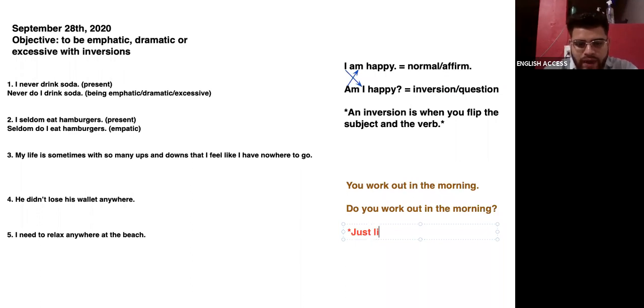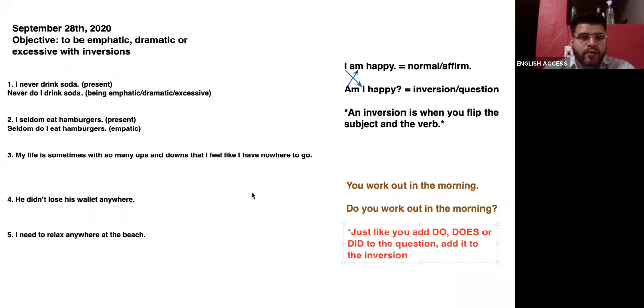Just like you add do, not only do, does or did to the question, add it to the inversion. And that is why we added do over here in these sentences. Seldom do I, never do I. Okay, we need it. We need it for inversions.